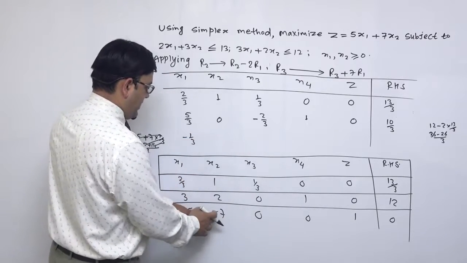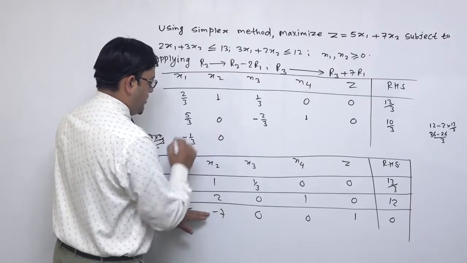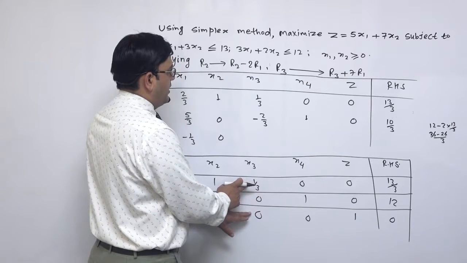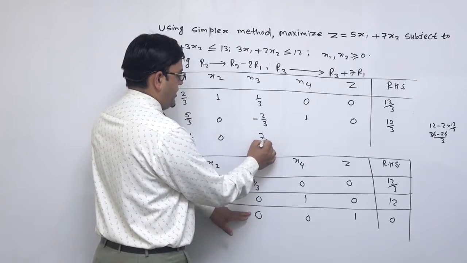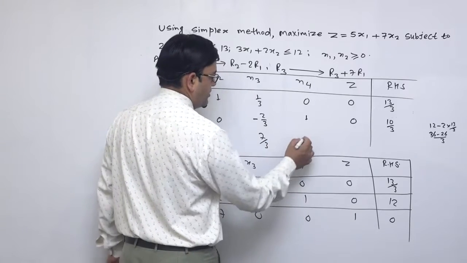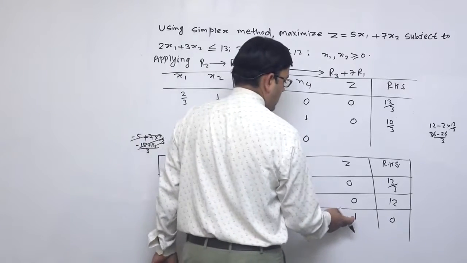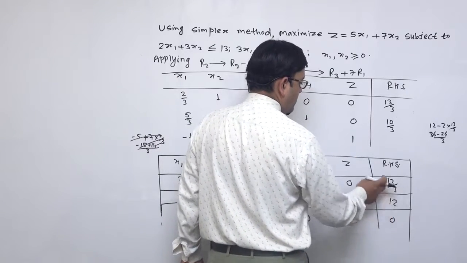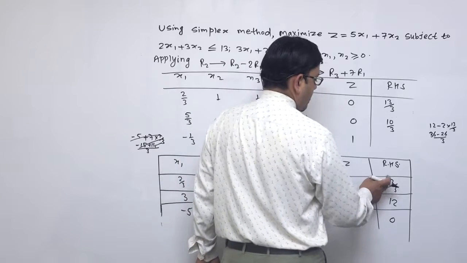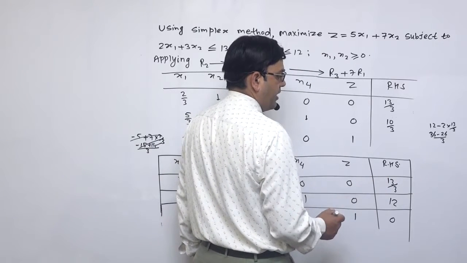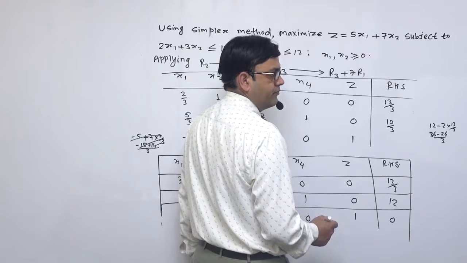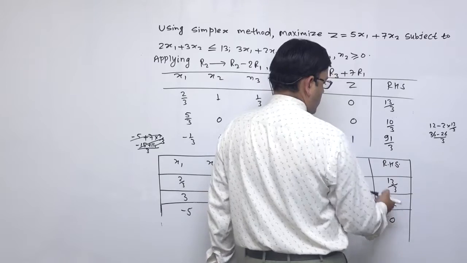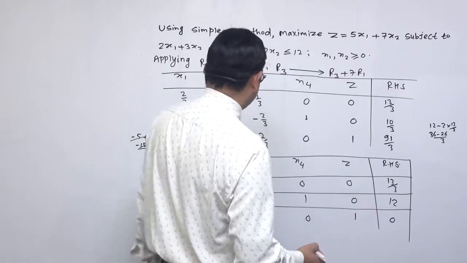Similarly the next one, minus 7 plus 7 is 0. Similarly here 0 plus 7 times 1/3 means 7/3, so here 0 times that's 0, so 1 plus 0 is 1, and then here 0 plus 7 times 13/3, so 91/3, because 13 times 7 is 91.